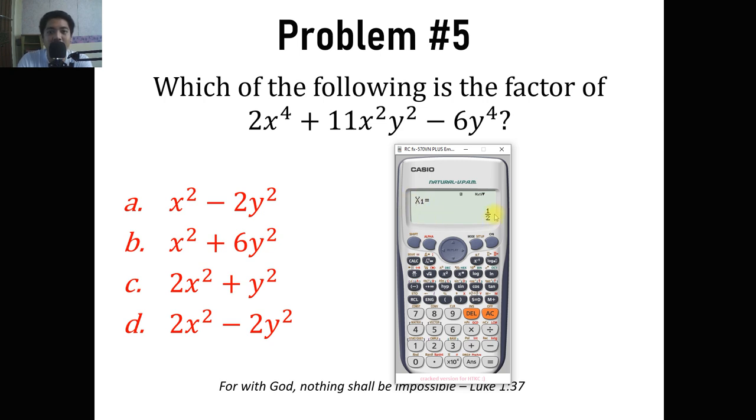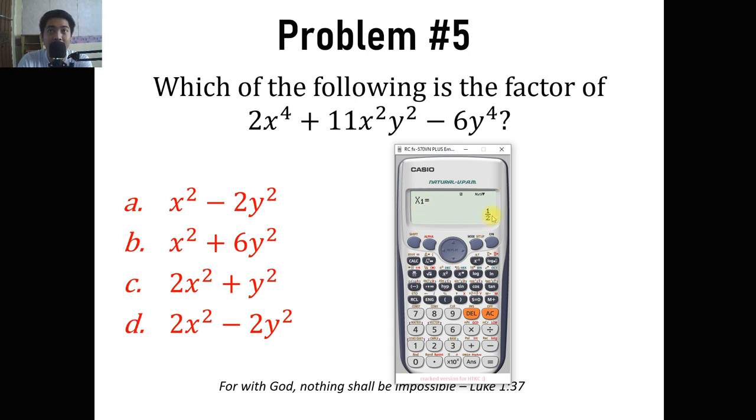X squared equals 1/2. But take note, since the middle term has a y squared, we should multiply this 1/2 by y squared. So we have the value of x squared equals 1/2 y squared.